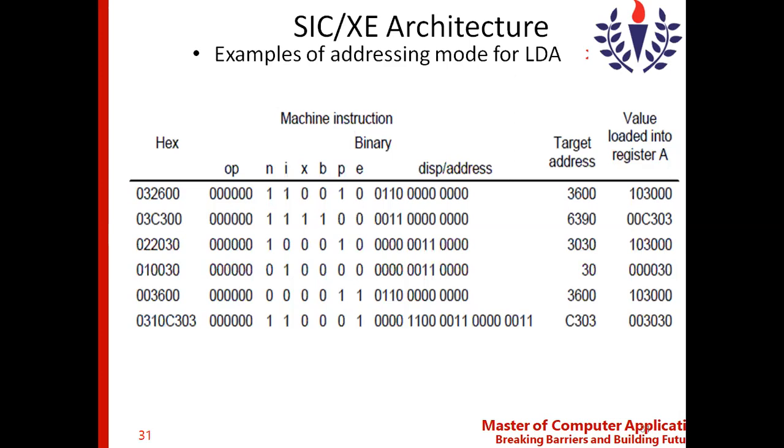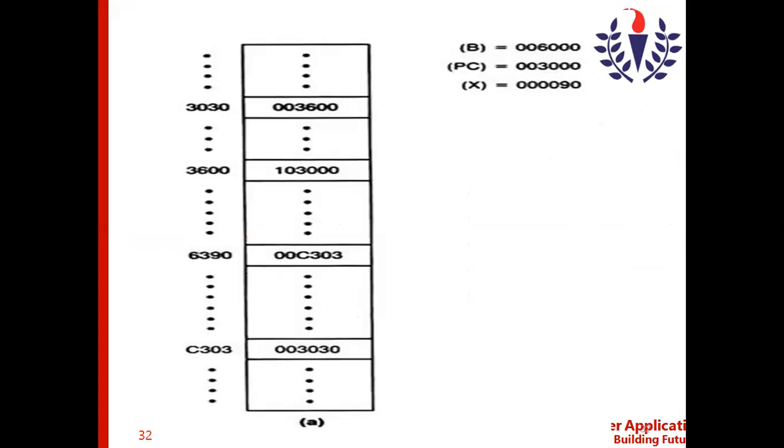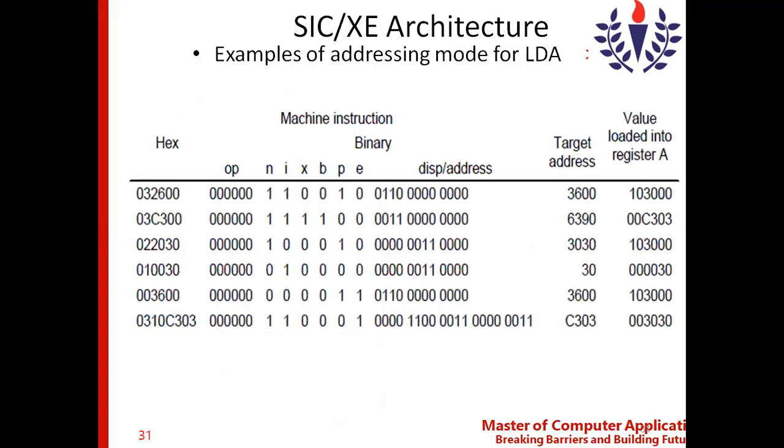How we derive the target address is what is represented in the fifth column. And we can see the values for the PC, base register and X. The base register has a certain value, PC has a certain value, and the X register also has some values. Let us go with the first example.